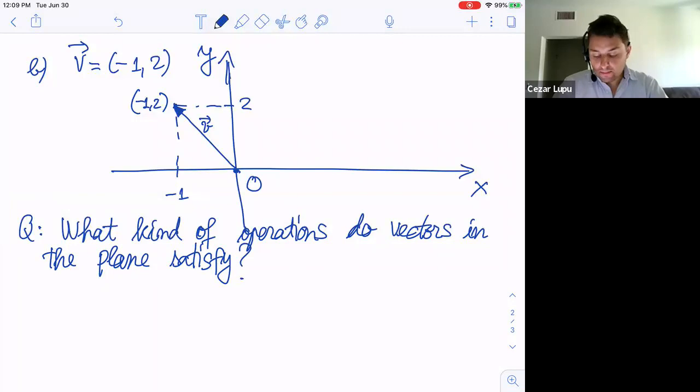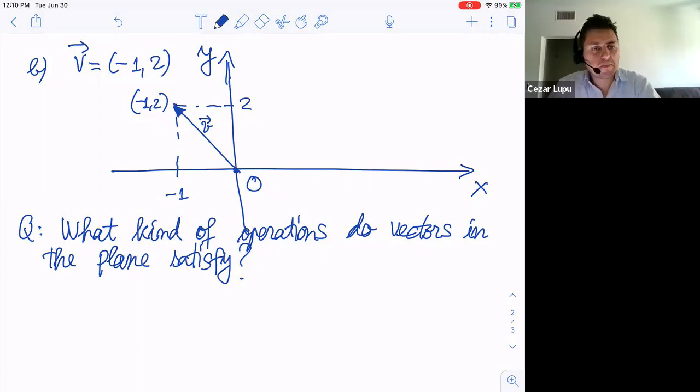Well, the short answer is that all the operations that you can imagine are satisfied. Although I wouldn't go that far with multiplication of two vectors, basically the dot product. That will be a little bit more, not complicated, but we need to be a little bit more careful with that before we define it.